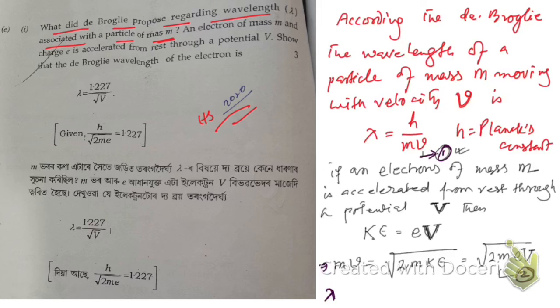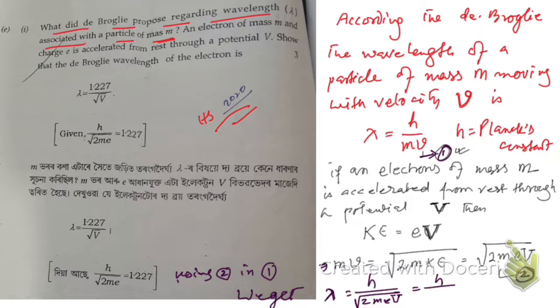Okay, using 2 in 1, we get that lambda is equal to h by root over 2me into V. That's what we get, right? So here this denominator can be written as 2 into m into e into root over V. We can write that way.